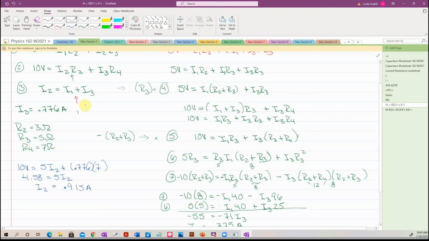Make that list here. 0.915 amps is I2. So now I'm looking for the easiest one to solve. Well, I have I3, I have I2. Let's solve for I1. So I1 then is going to equal I2 minus I3.